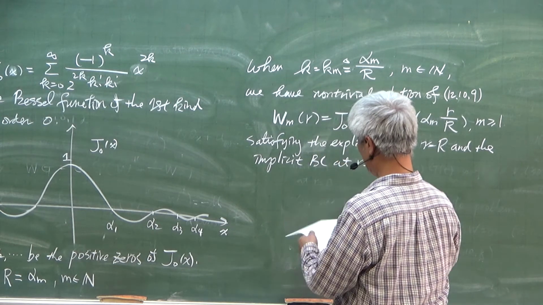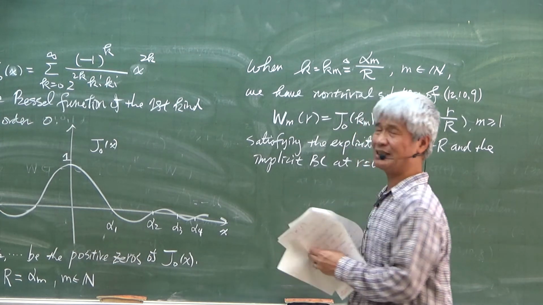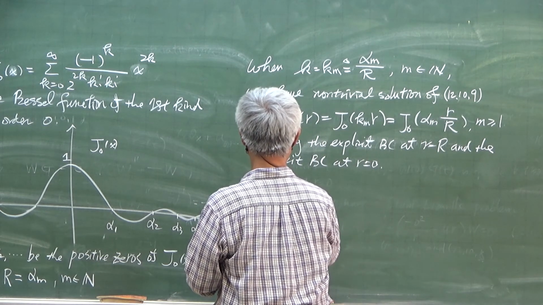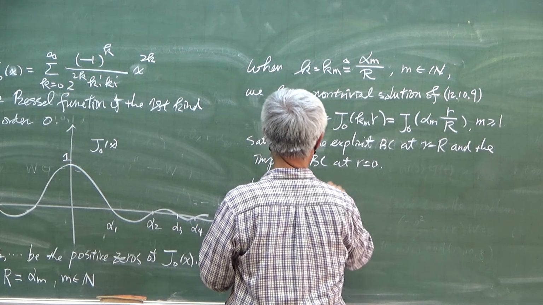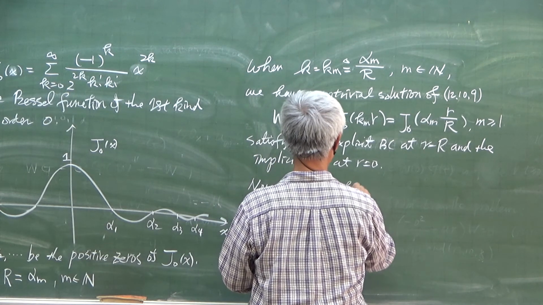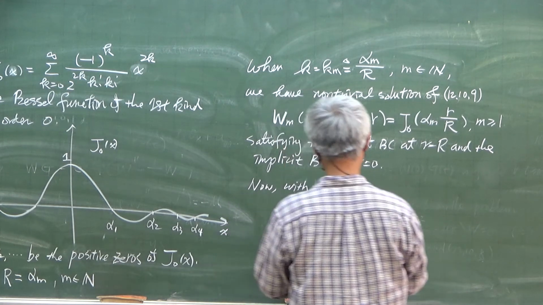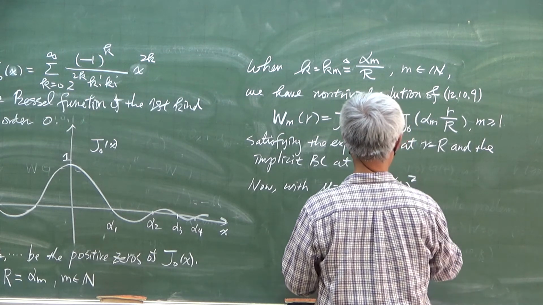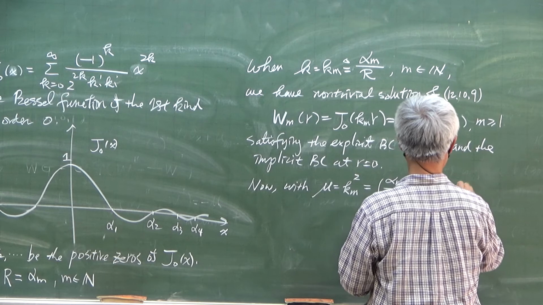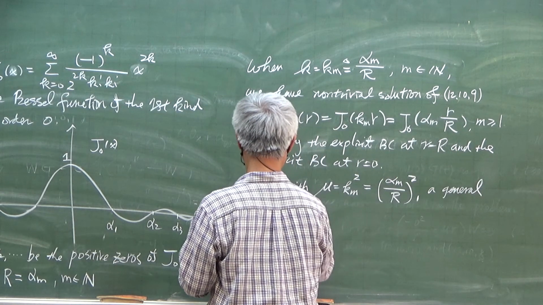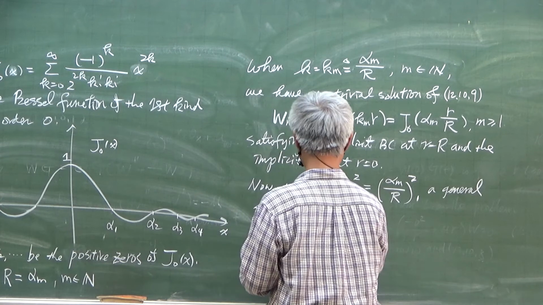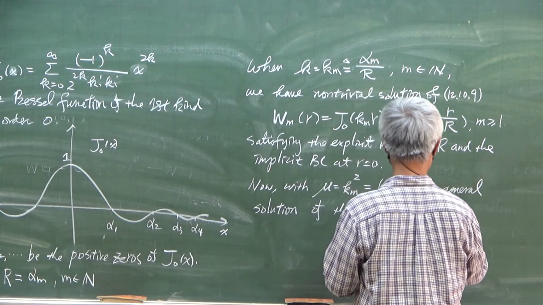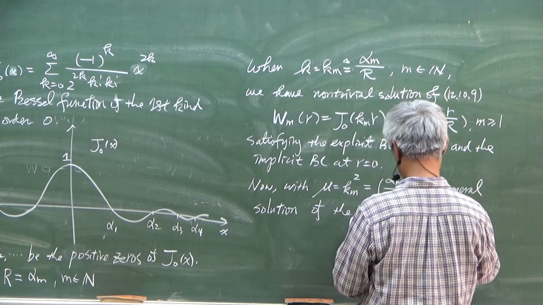Okay, so with this number, we go back to solve the second ODE, with mu equal to k_m squared, which is equal to (alpha_m over R) squared. A general solution of the ODE in 12.10.6.